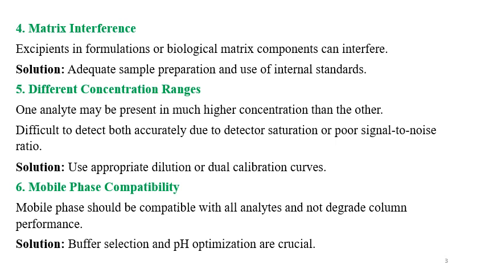Then fifth one is different concentration ranges. As fixed dose combination formulation contain one analyte may be at higher range or higher dose, another at lower or minimum dose. So this will lead to differences in the concentration range. One analyte may be present in much higher concentration than the other one. Difficult to detect both accurately due to detector saturation or poor signal to noise ratio.